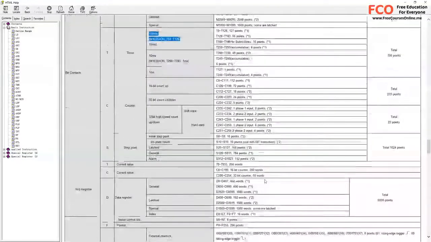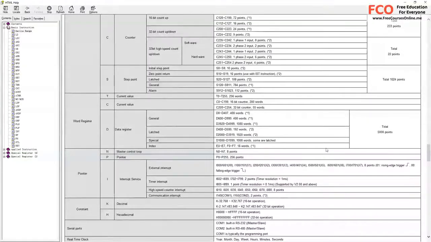Moving down, we're not going to be talking about step points at this point in time. We may cover this in this course later on, but the biggest and most important registers that you need to know about are the data registers, because we would usually store some data values in there, which will be like settings for our programs.